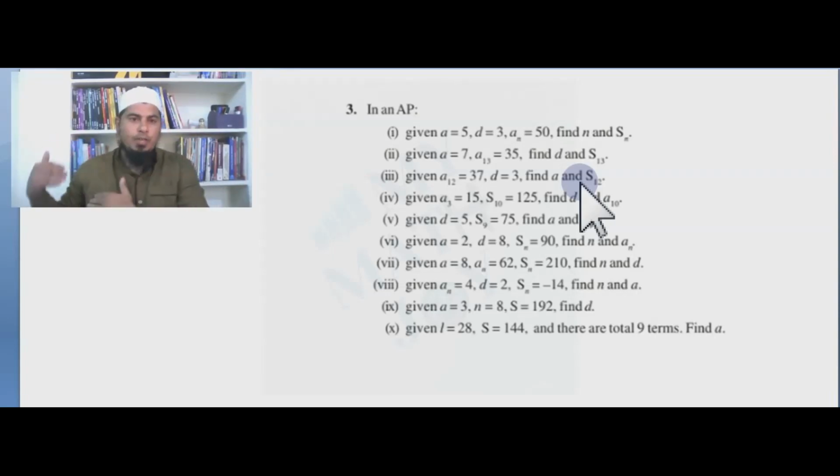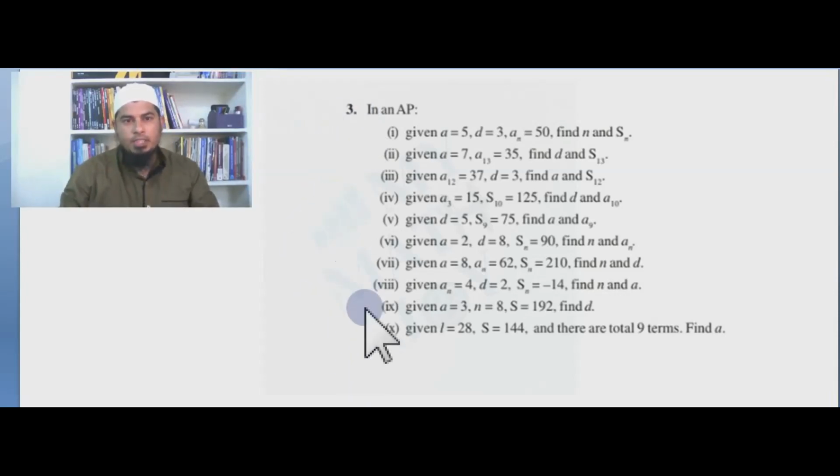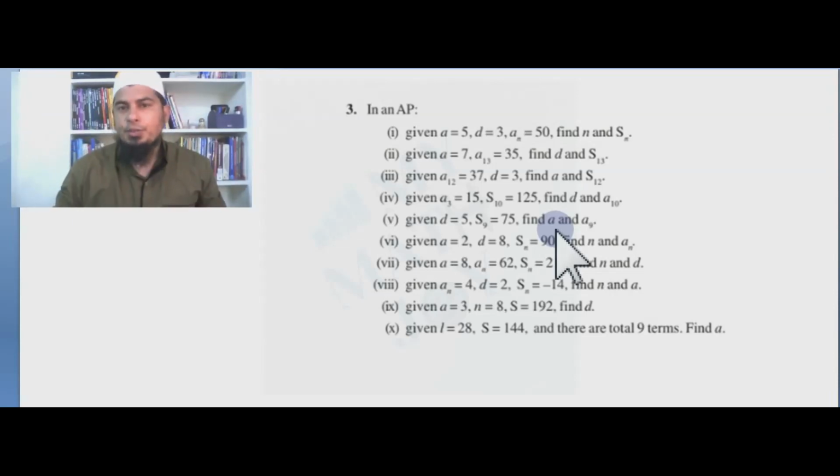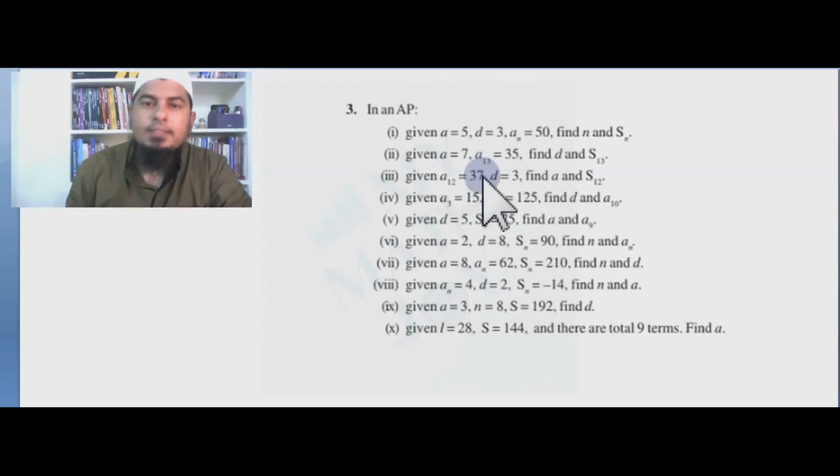When we do the coming word problems also, if we write the given from the word problem, you will get one of the models from this list only. Numbers will be changed, but everything will be the same, in a similar fashion. So I hope that you should do these 10 questions comfortably and correctly. See here, I'll guide you in order to do it. Please use this guidance and solve the problems.